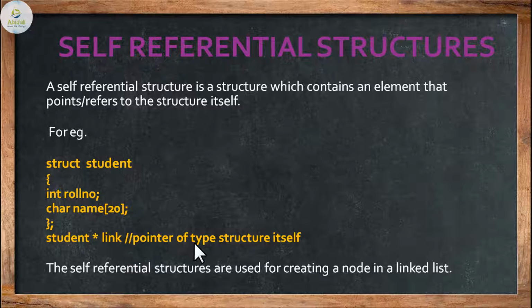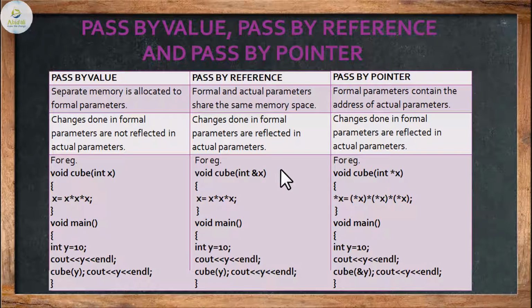But this type of link, which is of the same kind and points to the structure itself, we will call a self-referential structure. Self-referential structures are used to create a node in the linked list. We'll talk about this in chapter number 4, that is data structures, when we come to data structures in detail.